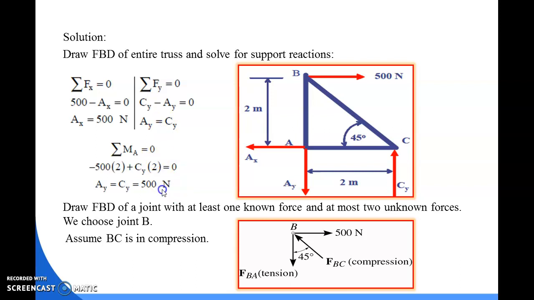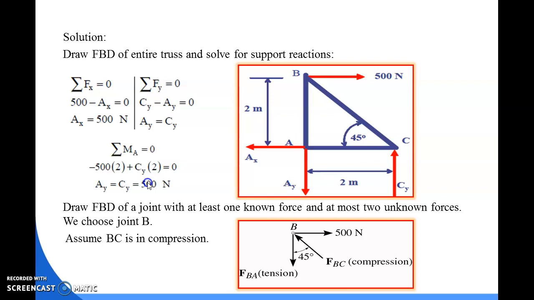Now, if the CY value is 500 Newton, then according to summation of Fy, we get CY is equal to AY. Hence, AY is also 500 Newton.